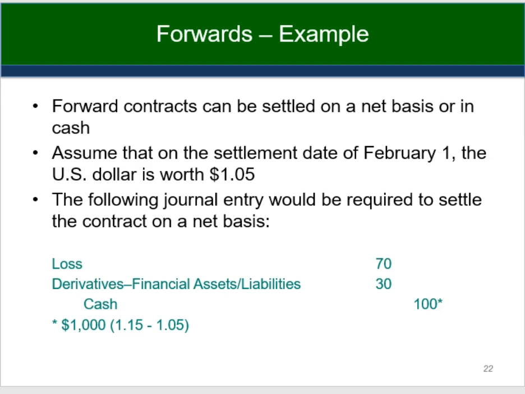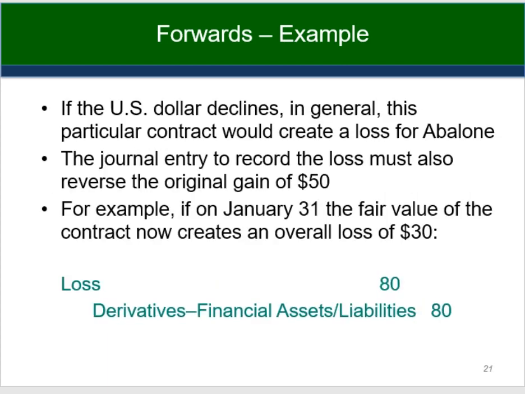So we've agreed to pay 1,150, and we get US dollars which we could sell for $1.05 today. So that gives us the $100 of cash. The loss of $70 is the loss that we recorded in the previous journal entry. So we have a loss of 80.